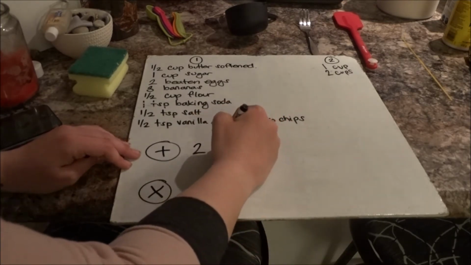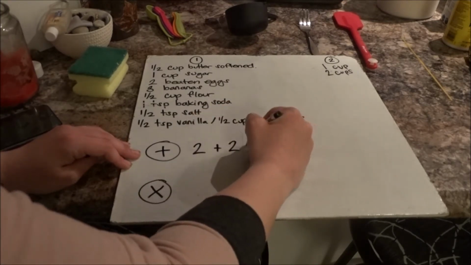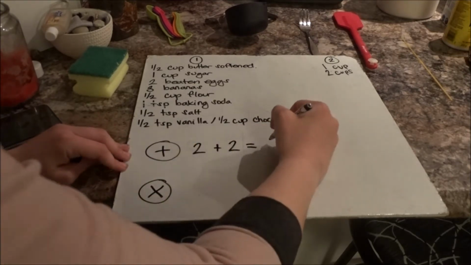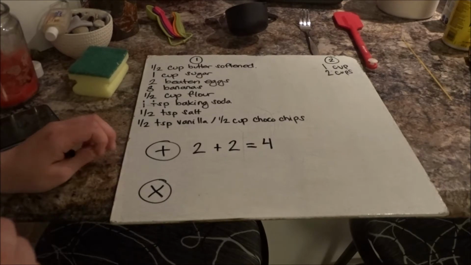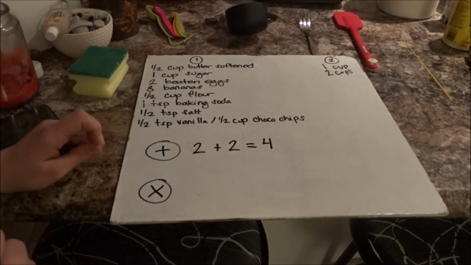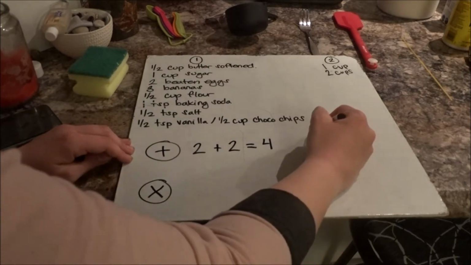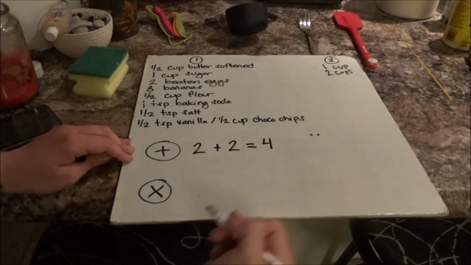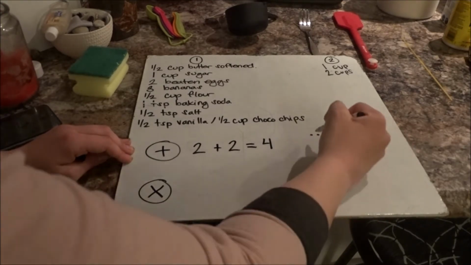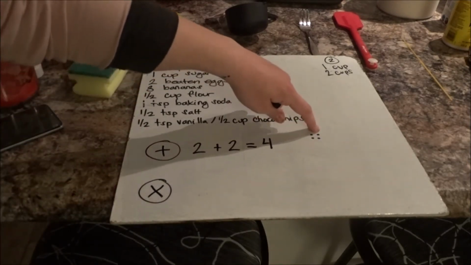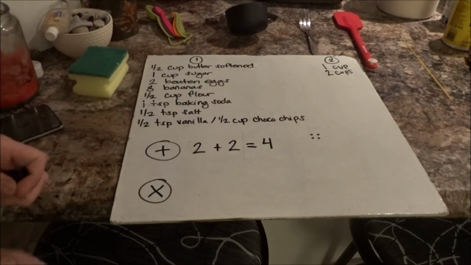So 2 eggs plus 2 eggs equals, if you said 4, you'd be right. You could also draw it. 2 eggs plus 2 eggs, if you count them up, 1, 2, 3, 4.